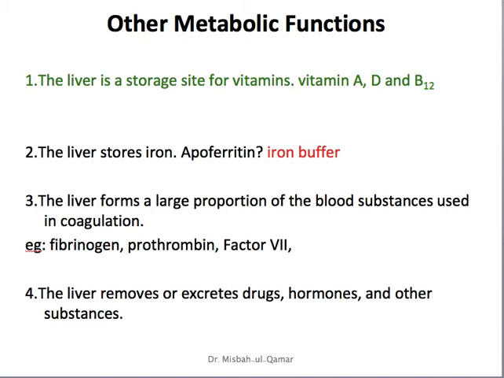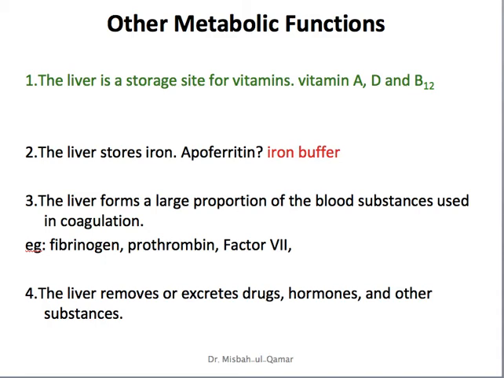Now, don't forget some other metabolic functions of the liver, which I listed here. Number one, the liver is a storage site for vitamins. Then liver also stores iron as ferritin.